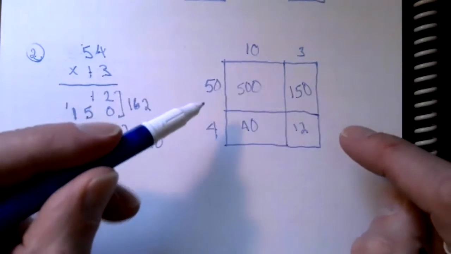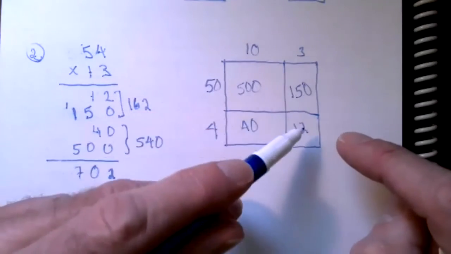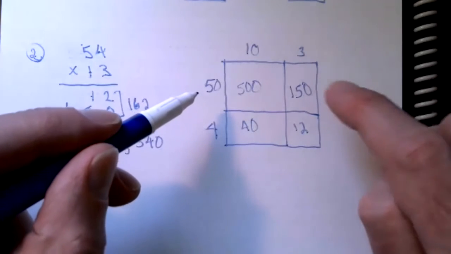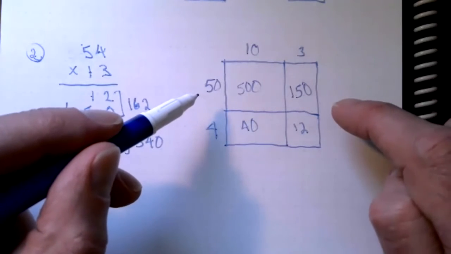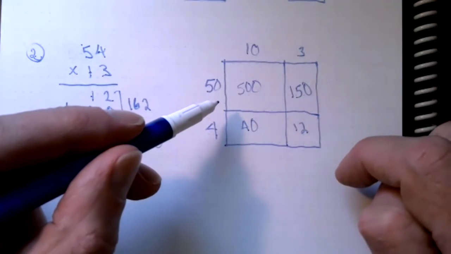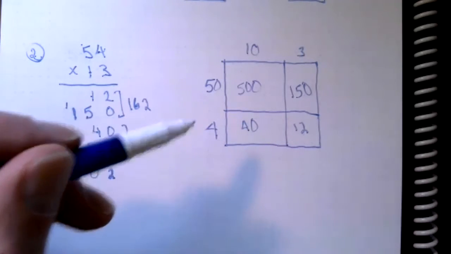And the nice thing is that each of these blocks is coming from a single digit multiplication problem. Okay, to do 3 times 50, you don't need to work with 2-digit numbers, you just need to do 3 times 5 and tack on that extra 0 coming from the place value properties. Okay.